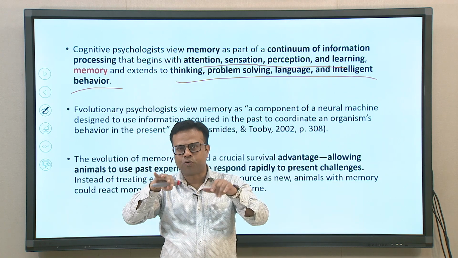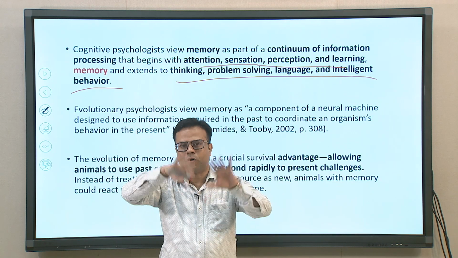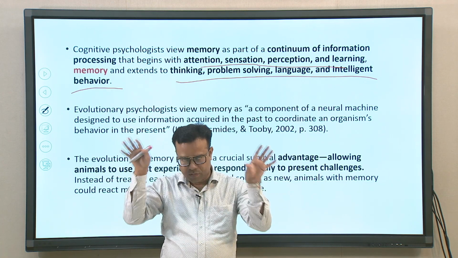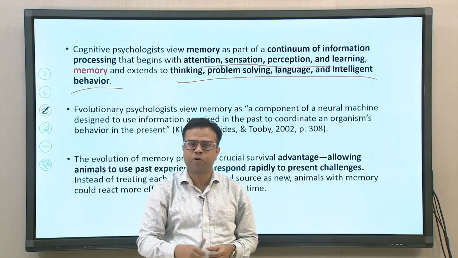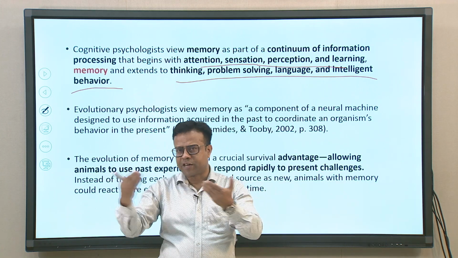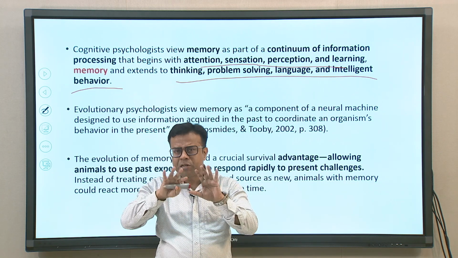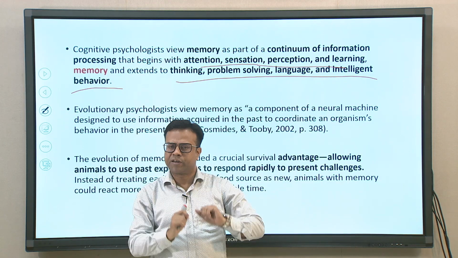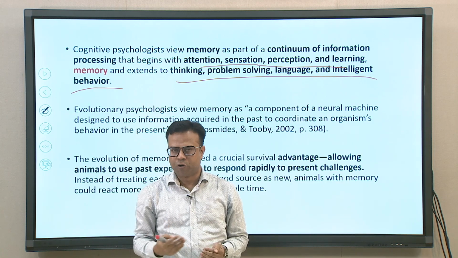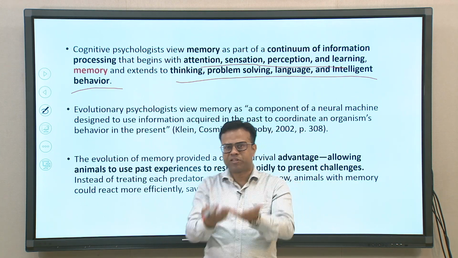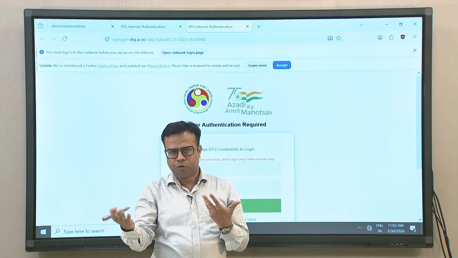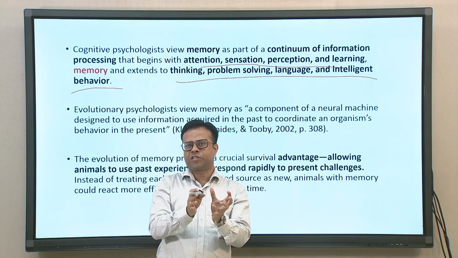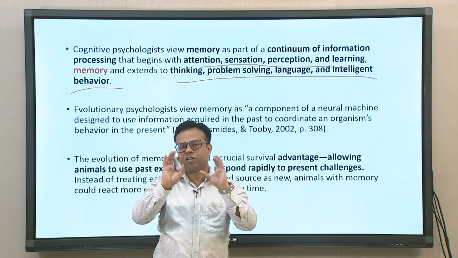Memory is one of the concepts among all these processes. For example, attention is required for memory, and memory is connected to learning. For problem solving and thinking, you need memory. Without memory, you cannot solve a problem. These are all interconnected concepts.